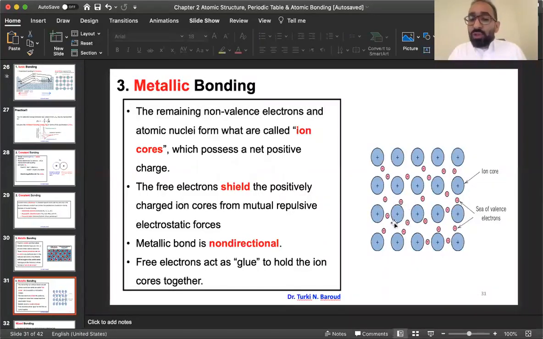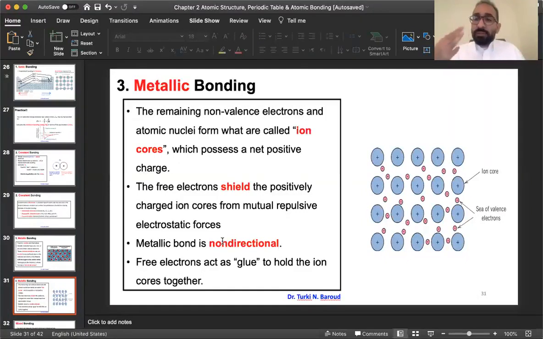This is why the electrons surround the core from all directions. Now they call this kind of bonding non-directional, because it is not a relation with another atom at a specific angle. Rather, the electrons of this atom belong to the whole material, in all different directions, so it's called non-directional.